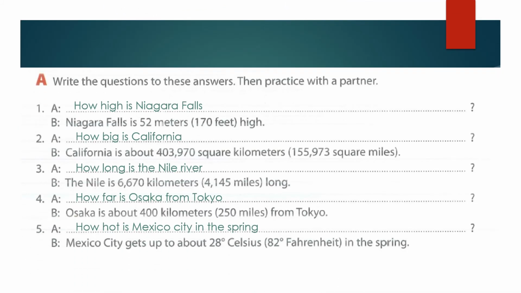And here are the complete questions. Number 1, how high is Niagara Falls? Number 2, how big is California? 3, how long is the Nile River? 4, how far is Osaka from Tokyo? And 5, how hot is Mexico City in the spring?